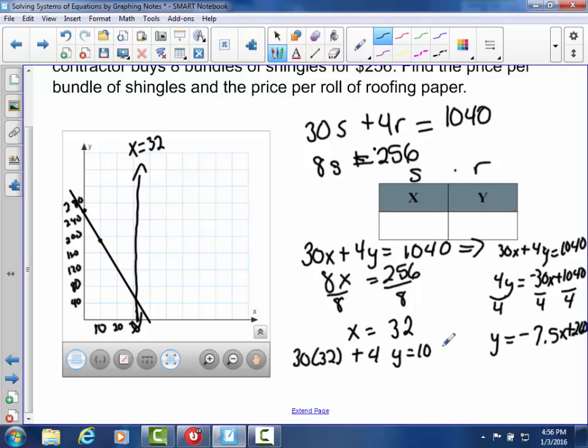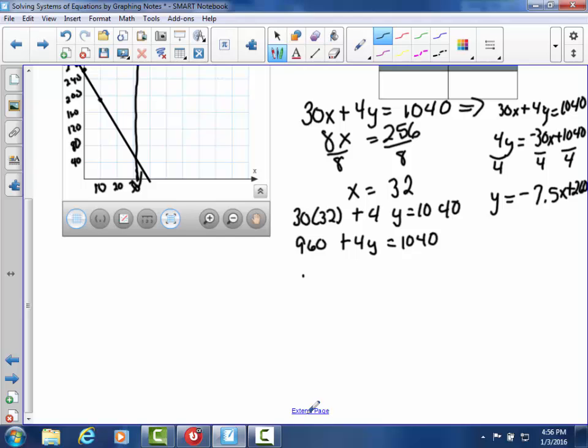Okay. So 30 times 32 is 960. And we subtract the 960. So we get that 4y equals 80.